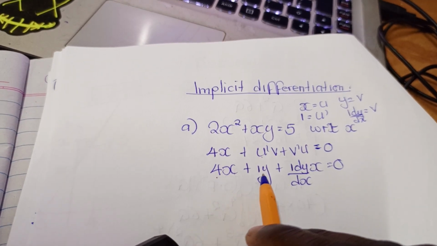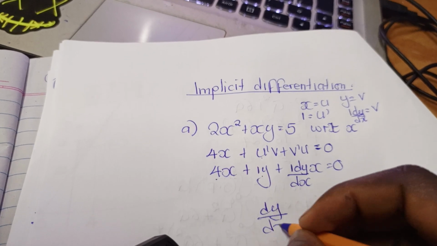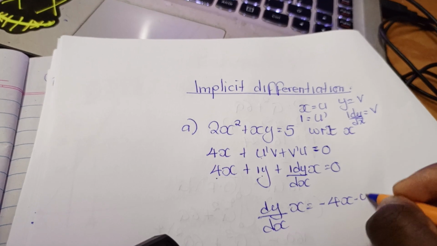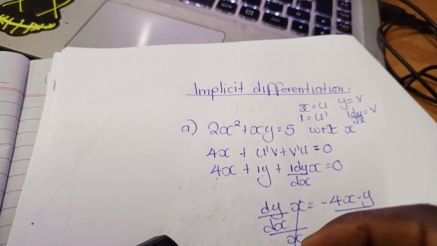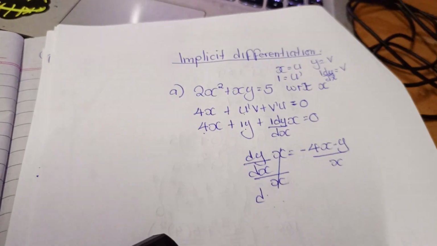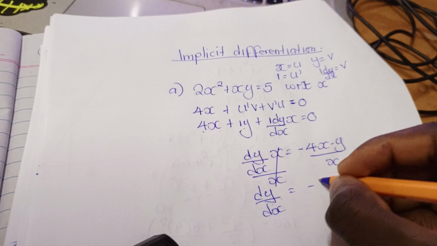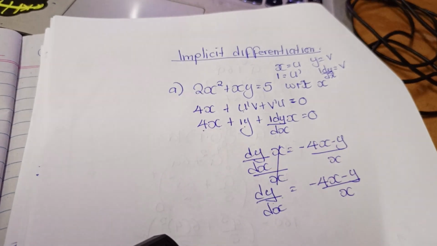So let 4x and y go the other side. So you will have dy over dx is equal to negative 4x minus y, where we'll now divide the whole expression by x, so that dy over dx remains alone. And your answer will be negative 4x minus y over x.